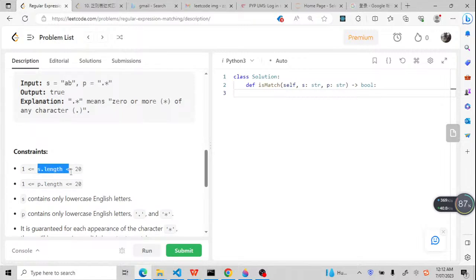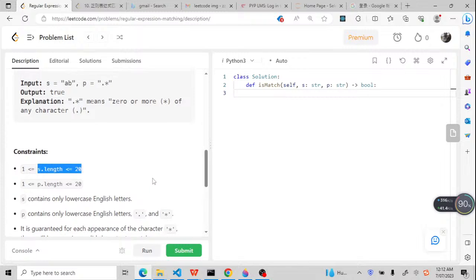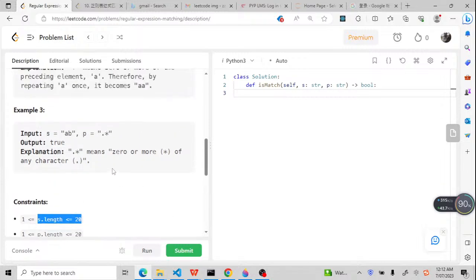The length of S and P is less than 20 and more than 1. It is a small number, so we can solve it with dynamic programming. But here I will use DFS and memorization. This is basically a top-down approach, and it is easy to understand and to solve such problems.